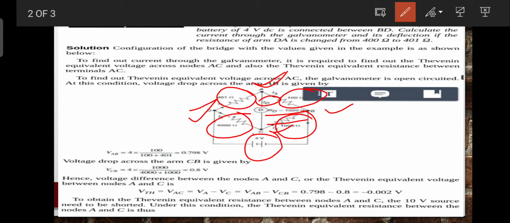So the resistance changes from 400 ohm to 401 ohm. Then he is asking about the galvanometer deflection and the galvanometer current.